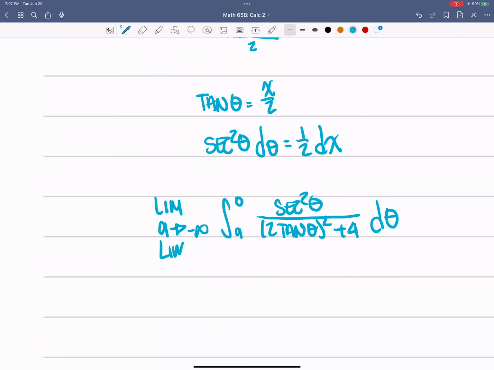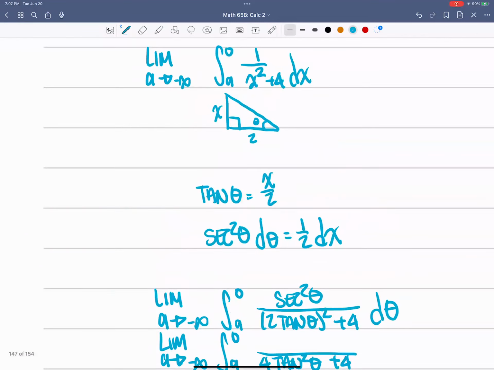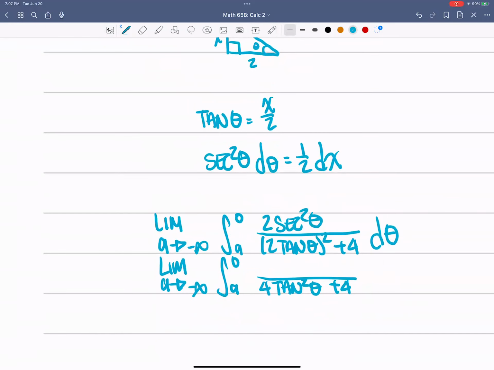So the limit as a approaches negative infinity from a to 0 of tangent squared theta plus 4 over, and actually this should be 2, because if we multiply both sides by 2, we would get that. So 2 secant squared theta d theta.